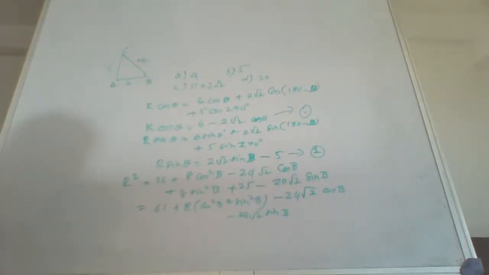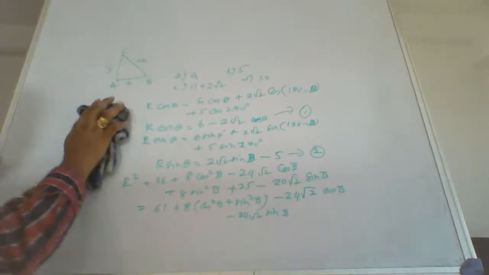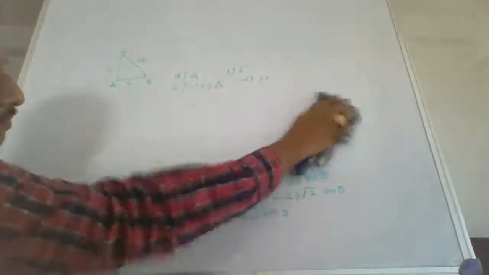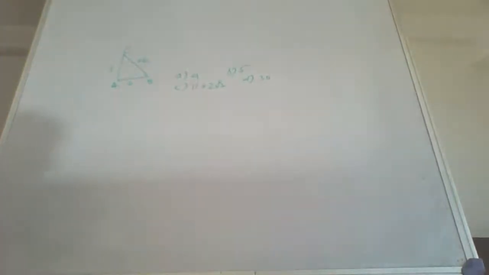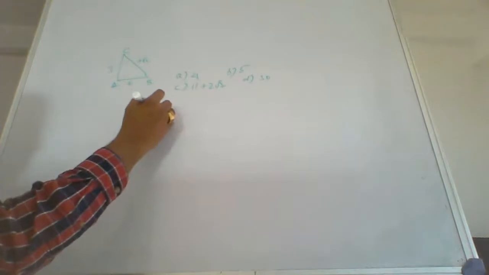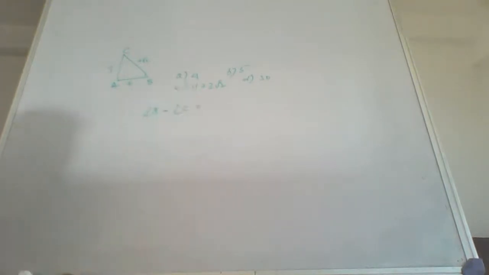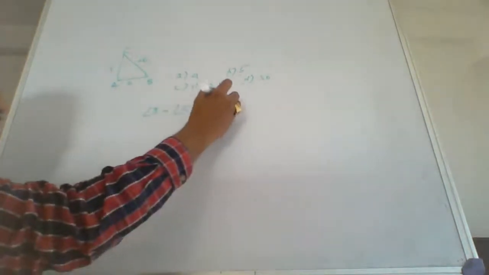Further, if I try to simplify this, I need the results for the angle. If I consider angle b, angle b is equal to angle c, which is 45 degrees.